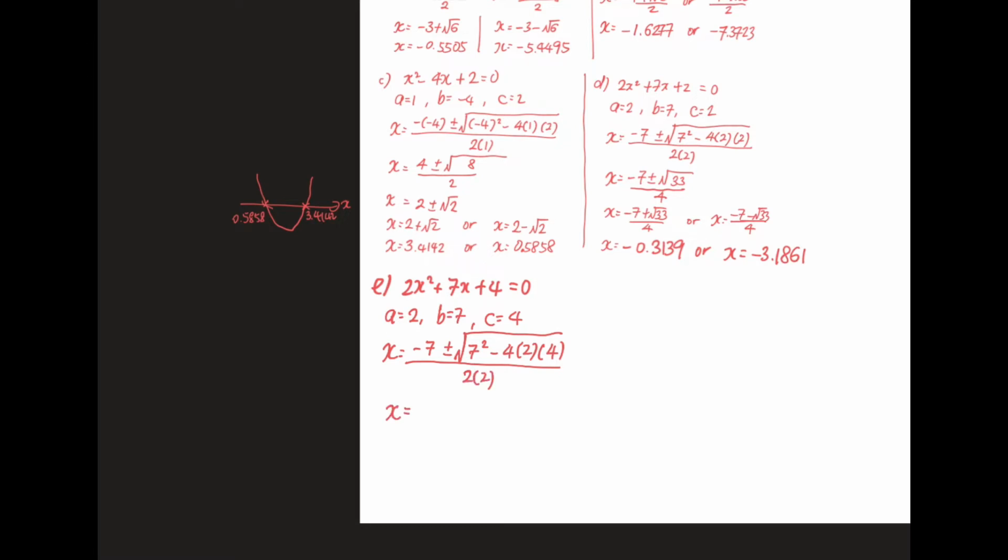Then 7 squared minus 4 times 2 times 4, square root of 17, square root of 17 over 4. Then again we separate them: minus 7 plus square root of 17 over 4, minus 7 minus square root of 17 over 4.